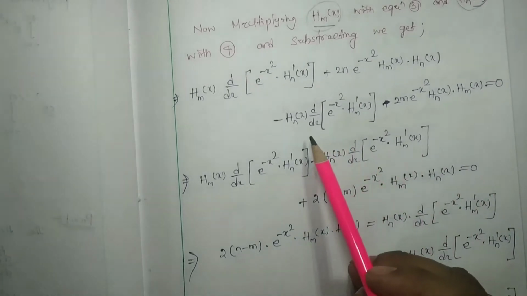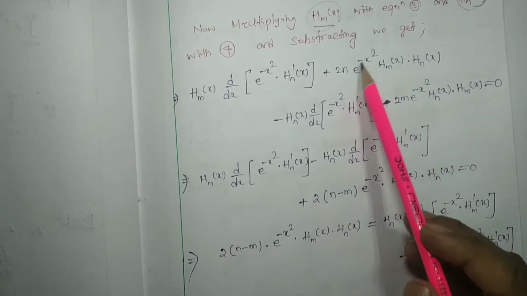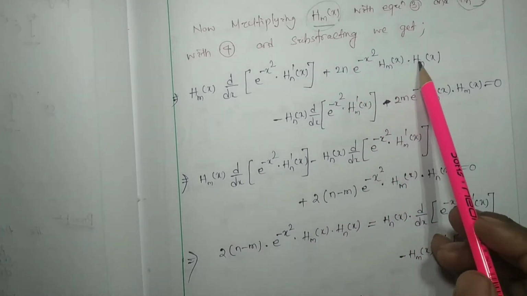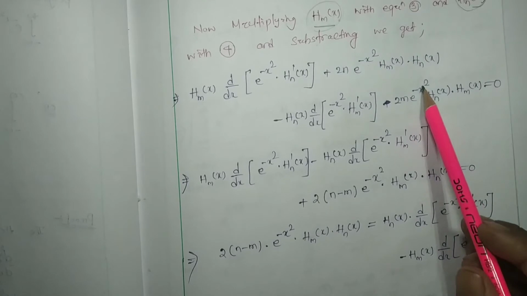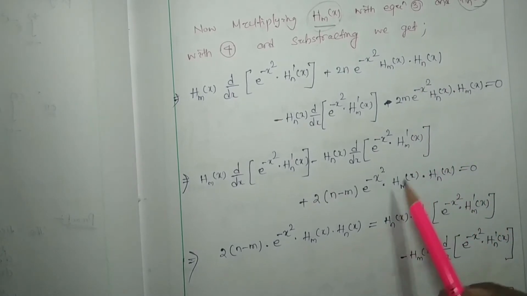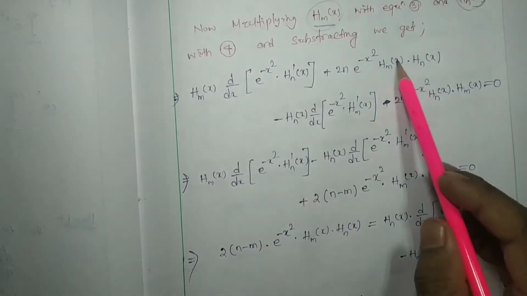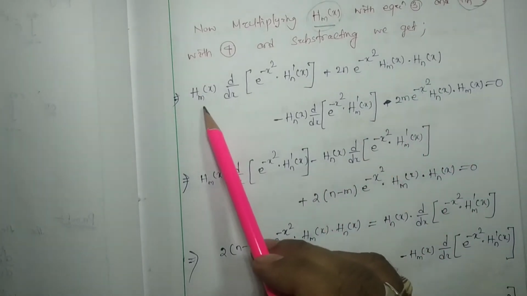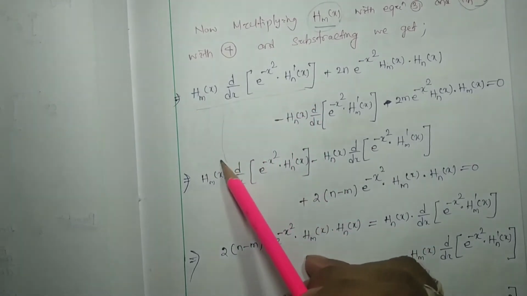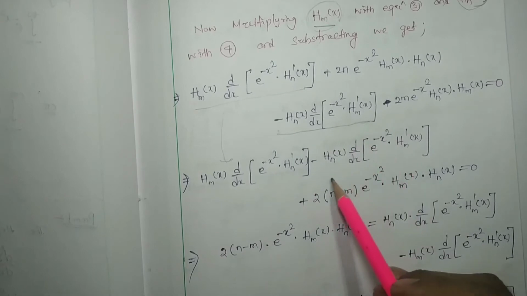Now you can see here e^(−x²) Hm(x) Hn(x), and here also e^(−x²) Hn(x) Hm(x), both are common and can be taken outside with a bracket. We can write these two terms combined. See, this term is written as usual here, minus this term written over here.